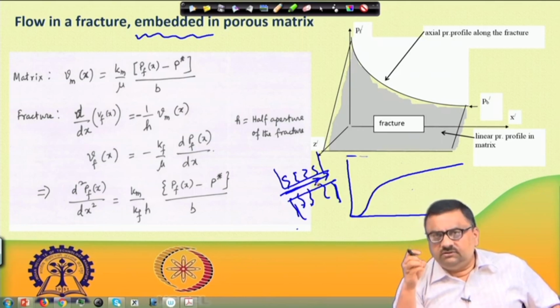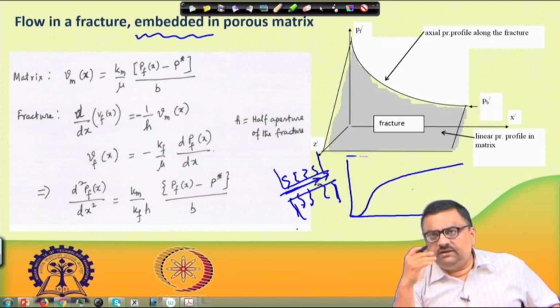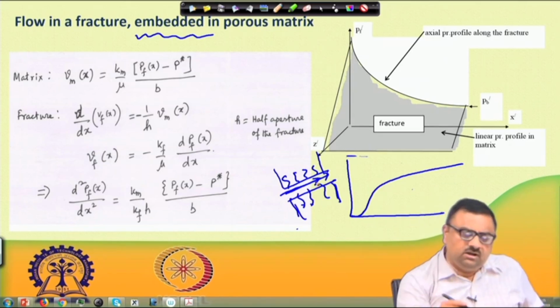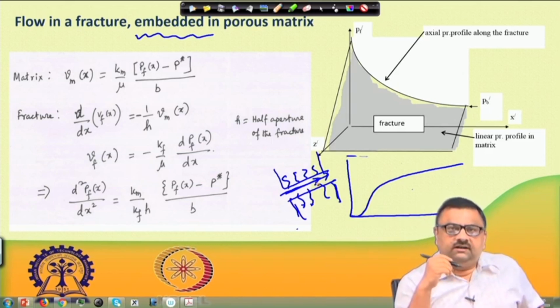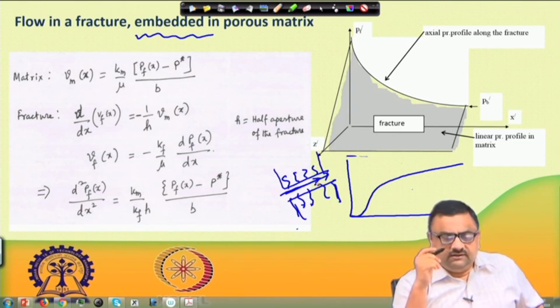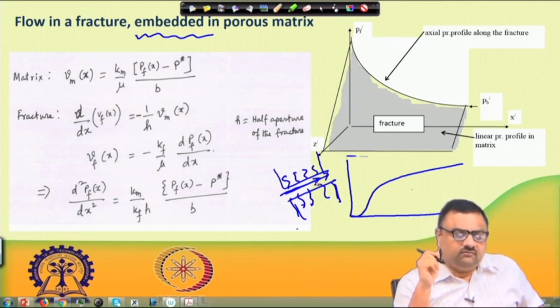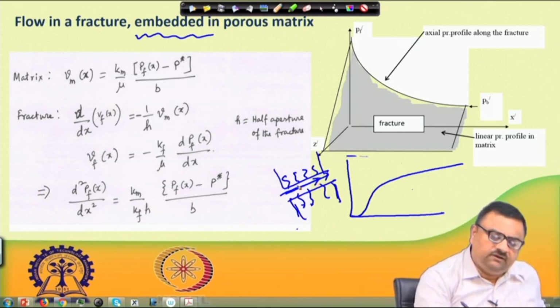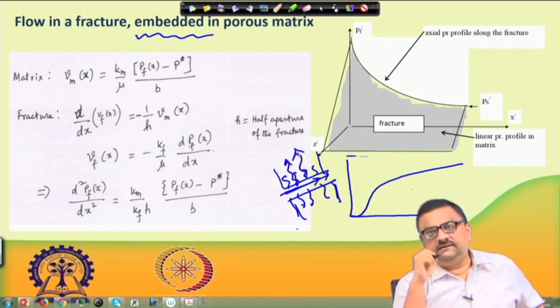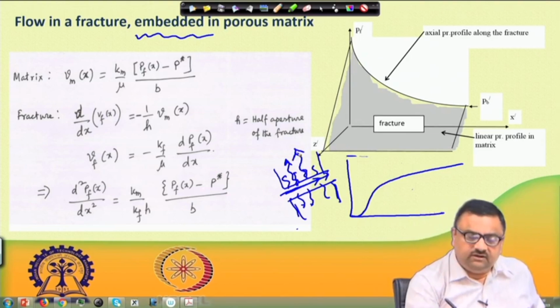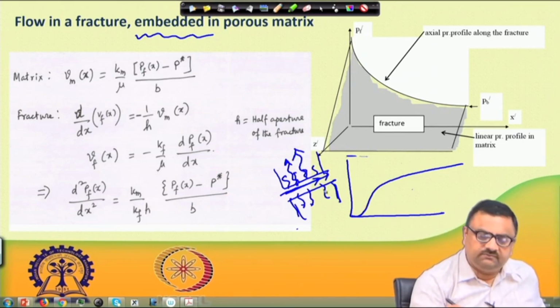Here the objective is to have the highest amount of production. So, the pressure at which this fracture is held is much higher. In that case, one can think of the fluid flowing from the fracture into the matrix.